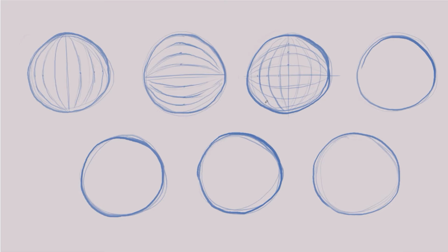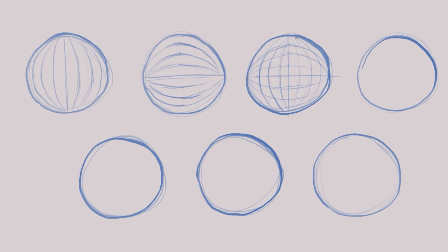Now, I have these two sets of overlapping lines. And what I'm going to do on the next circle is, well, first I'm going to show you here on this third circle. I'm going to choose two lines, one vertical, one horizontal, and I'm going to darken those two.